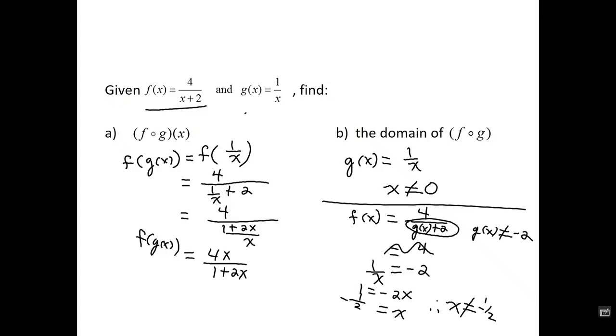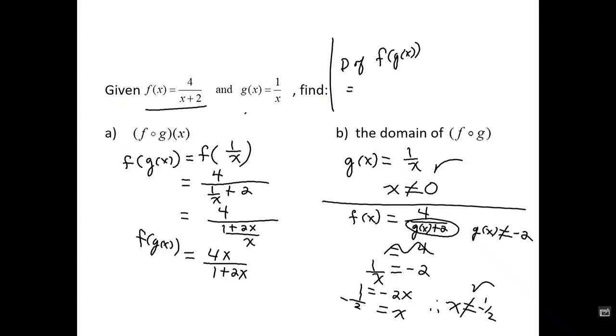All right, because when x is a negative 1/2, look, I'm dividing by 0. So what we have here then is that the domain of f of g of x, all right, is going to be all real numbers except 0 and a negative 1/2.